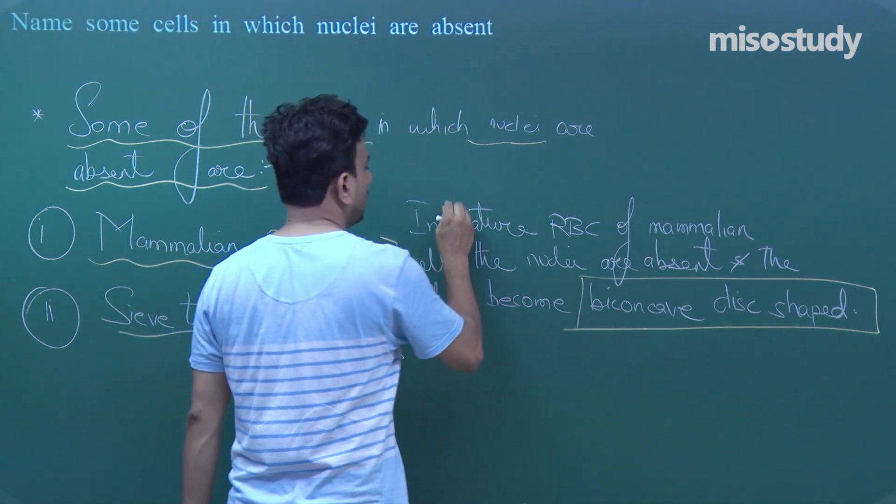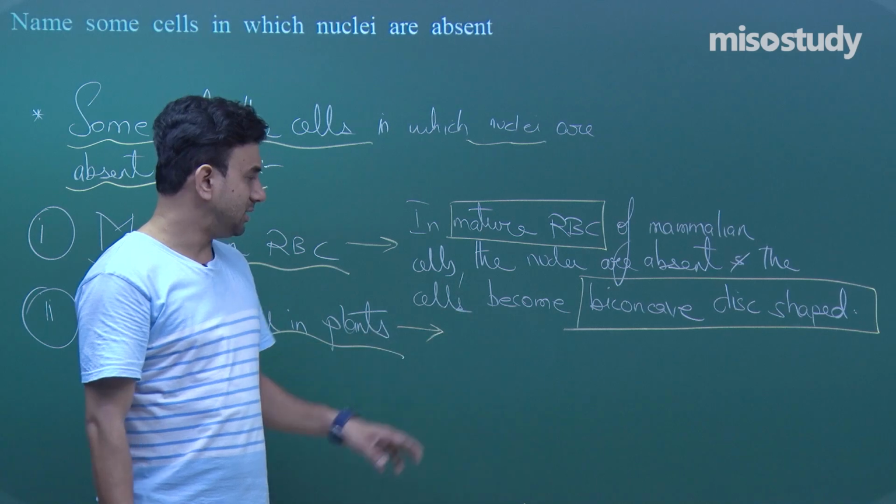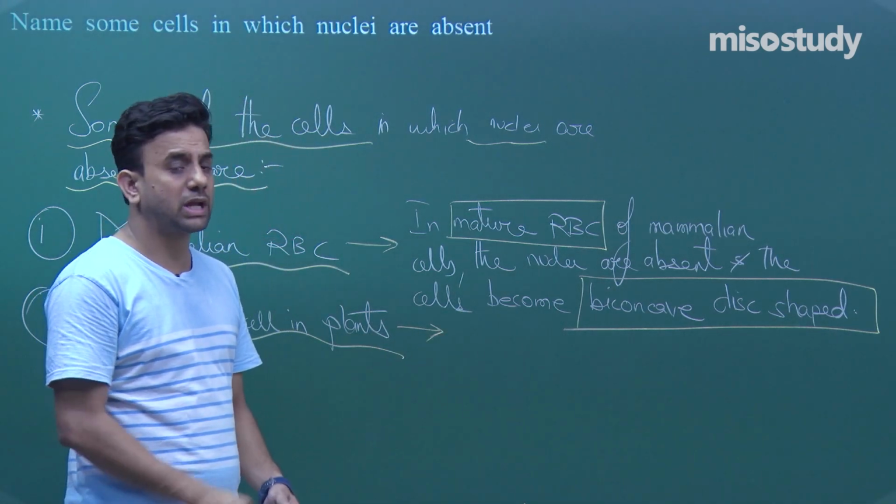Okay. So, in a mature RBC of mammalian cells, the nuclei are absent and the cells become biconcave disc shaped.